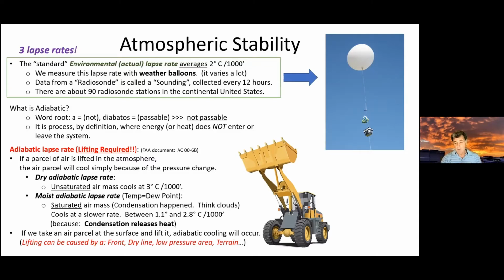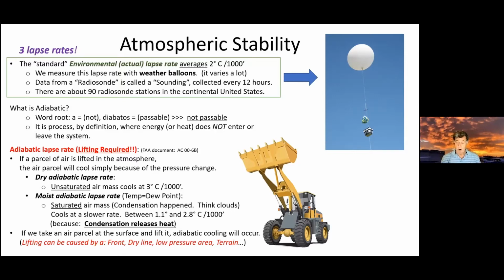The minute we have condensation, the minute that we reach saturation or 100% humidity, now we're talking about the moist adiabatic lapse rate, and it won't cool as quickly as the dry adiabatic lapse rate. So why is that? Well, remember, we just said a minute ago, when we have condensation, there's a release of heat.